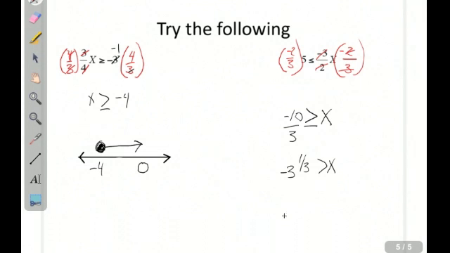This says x is less than or equal to negative 3 1/3. My number line. I'm going to put my numbers. So negative 3, and we'll put a negative 4 over here.